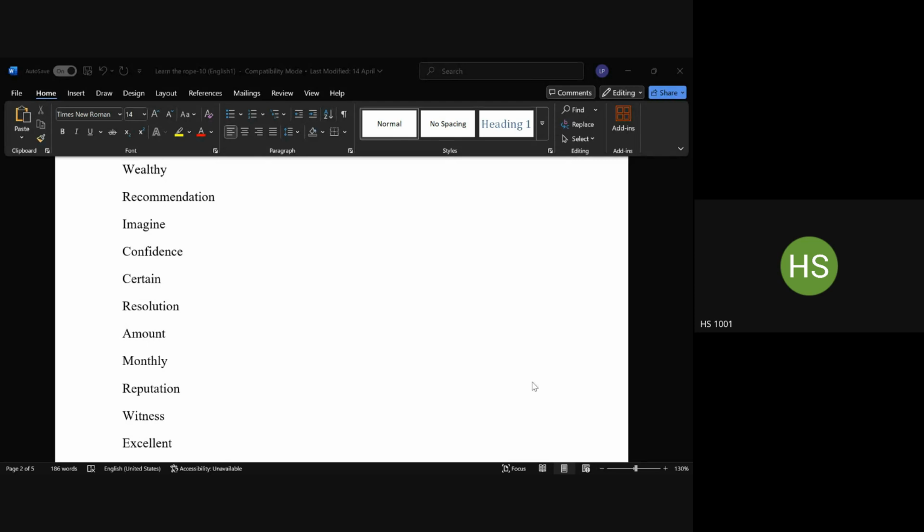First syllable. Yes, it has to be marked on the first syllable. Then comes resolution. Resolution.